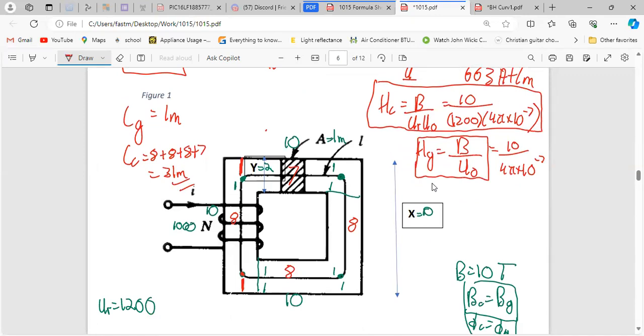Now for B, Hg, same idea. So that would be 10 divided by open brackets, 4 pi multiplied by 10 to the power of minus 7.